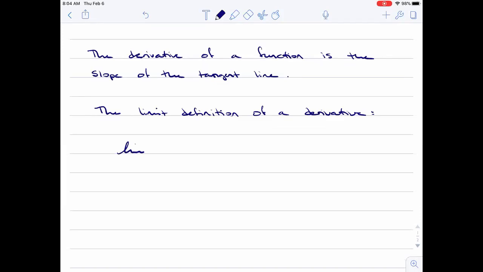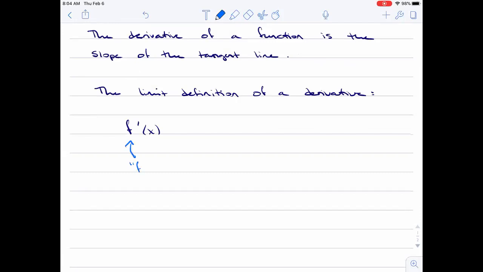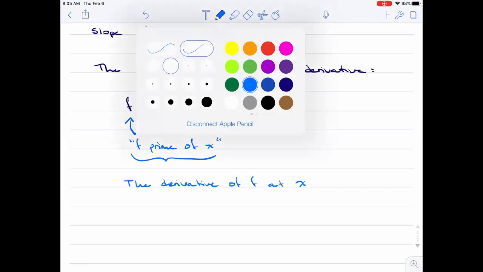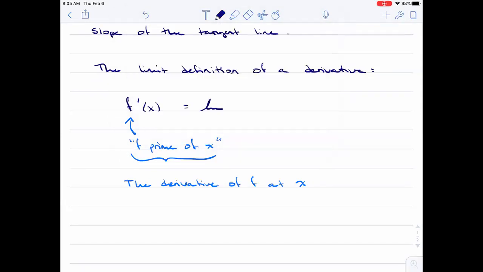F prime of x, which you're going to read as f prime of x, which really is saying the derivative of f at x, is equal to the limit as h goes to 0 of f of x plus h minus f of x over h.